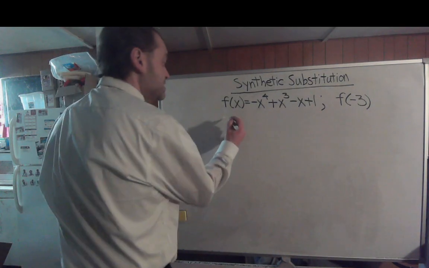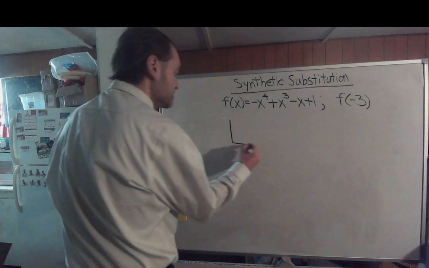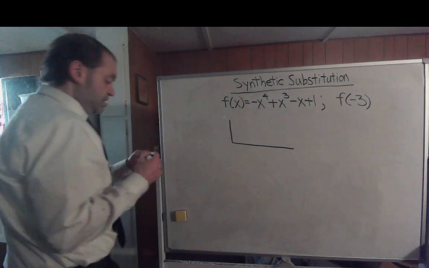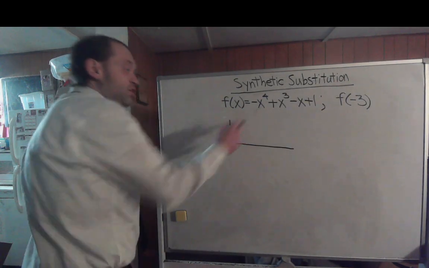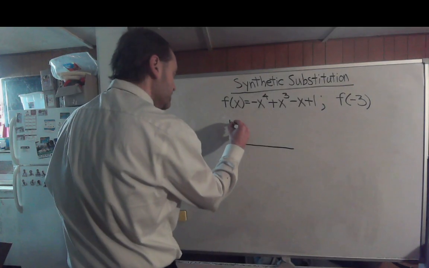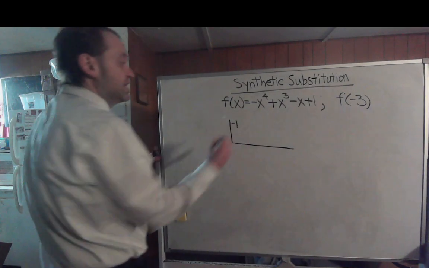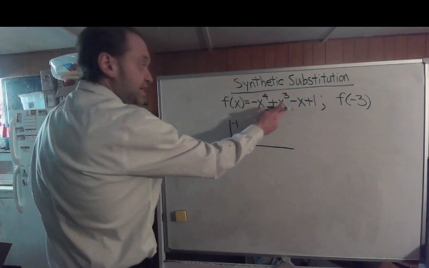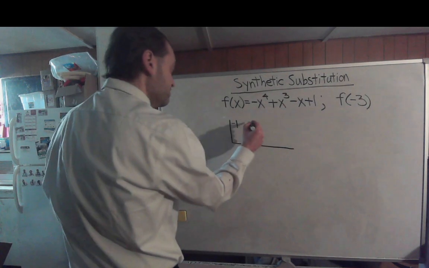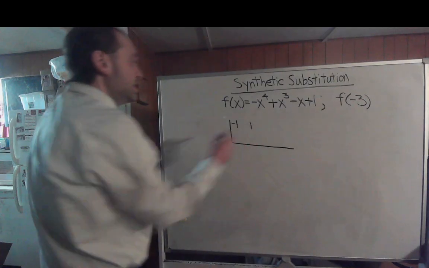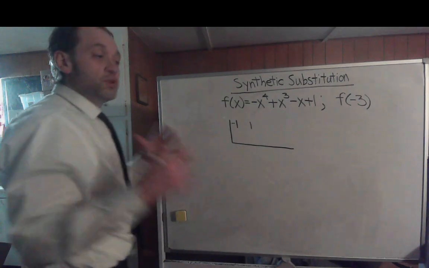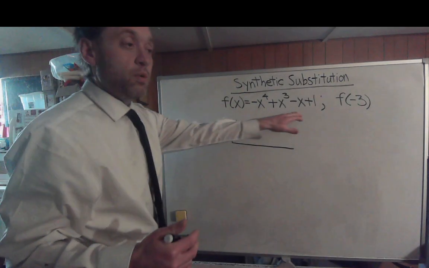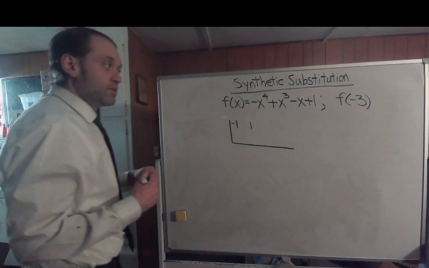Let's set up our table again for the synthetic substitution. So start with the highest variable, your leading coefficient, which would be negative 1 in this case. That's the coefficient on the x to the 4th. Your x to the 3rd has a coefficient of positive 1. Now notice, you have no x squared term. If you have a missing power in between one power to another, it's 0.